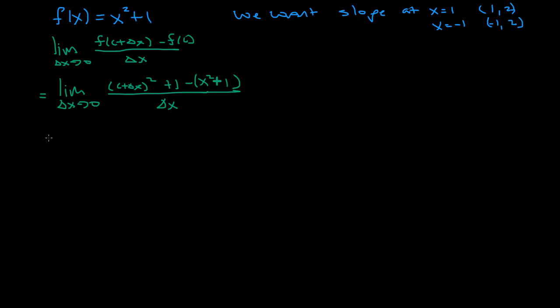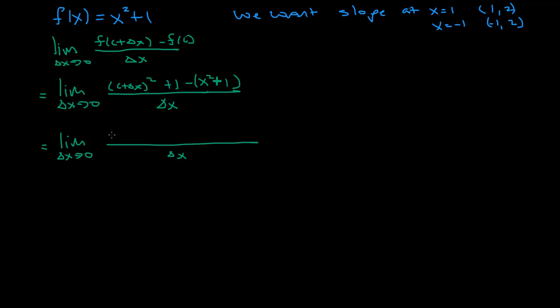Now let's just simplify. Now we have a c there, sure, but don't worry about that. So, limit as delta x approaches 0. Now we're going to have a delta x still hanging out there on the bottom. Let's figure out what's going on here.